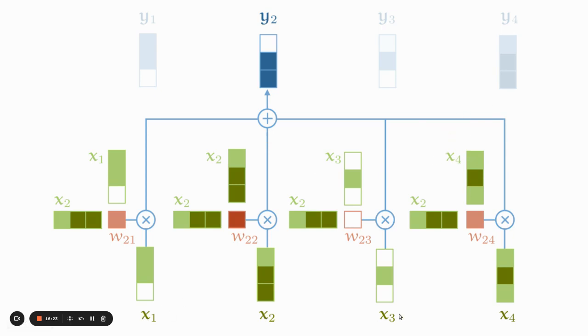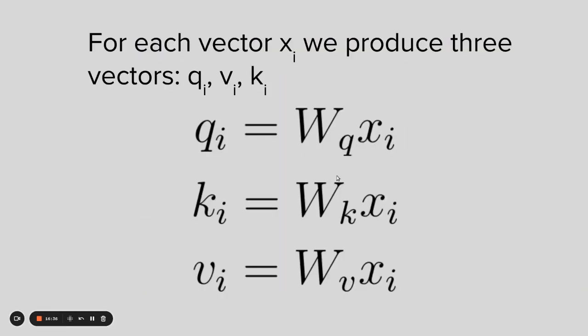So it will be v1, v2, v3, v4, q2 in all these places, and then k1, k2, k3, and k4, and all of these have been generated using three learnable matrices: WQ, WV, and WK. So that's what I've written here. You take WQ, multiply it with hi, and you get qi, the query vector. Similarly, you get the key vector, and similarly you get the value vector.